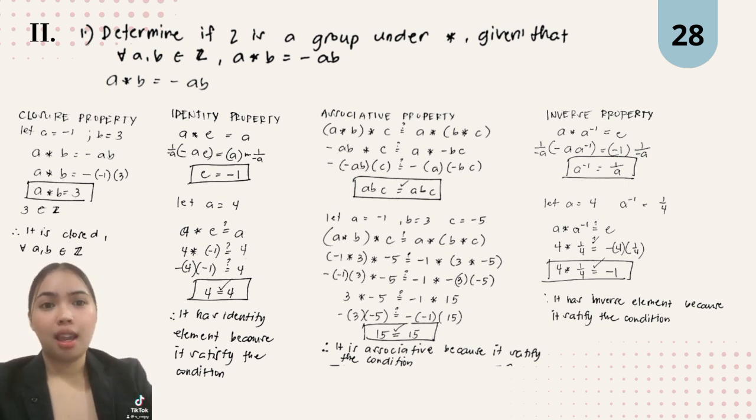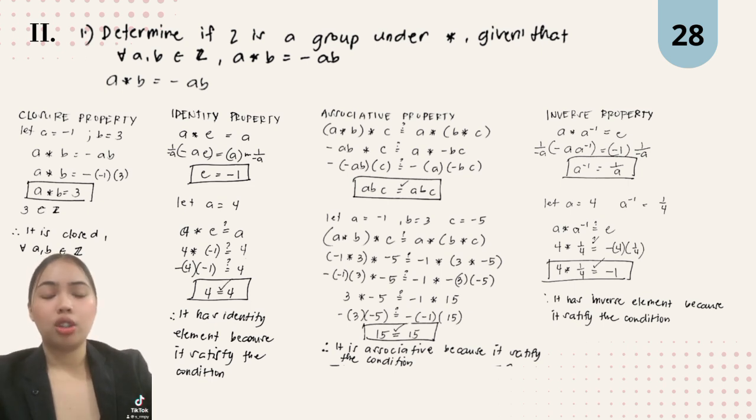In closure property it is closed because 3 is an element of Z, and in identity property 4 is equal to 4, and it is an identity property because it satisfies the condition.